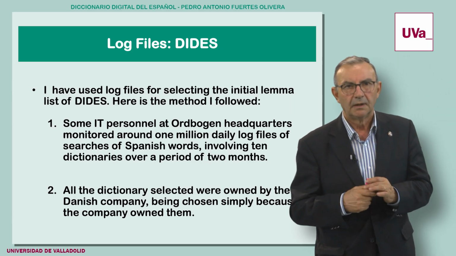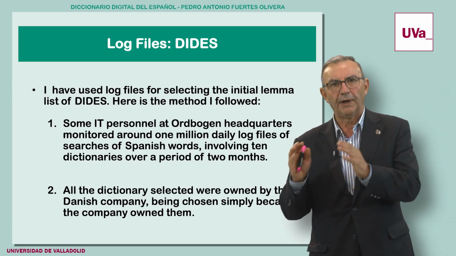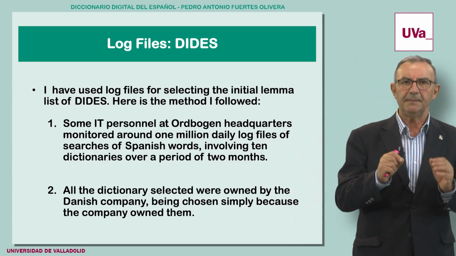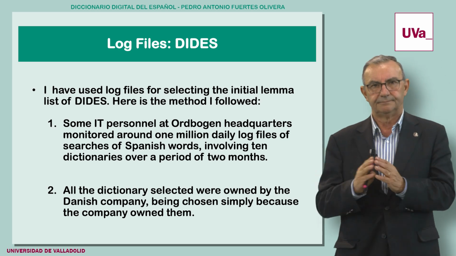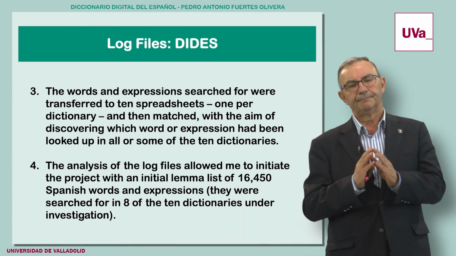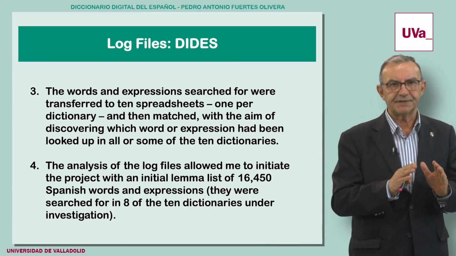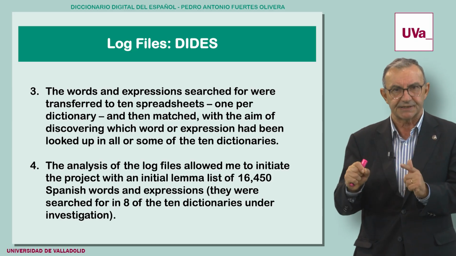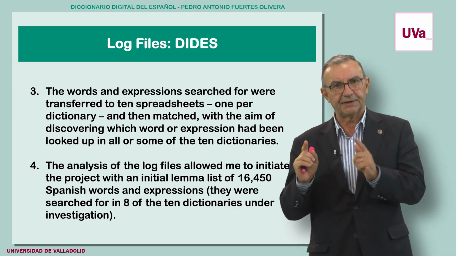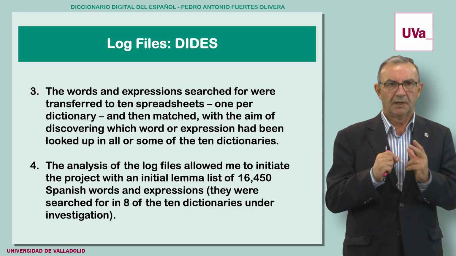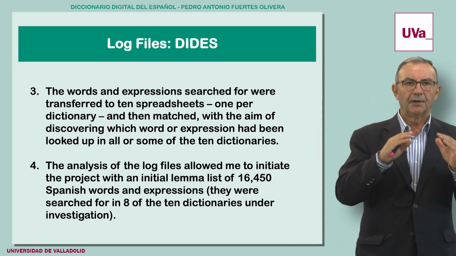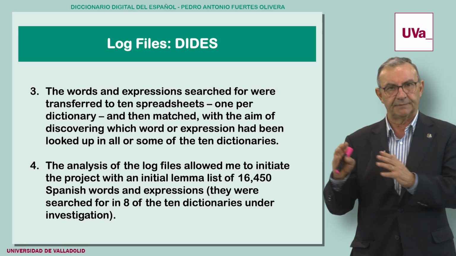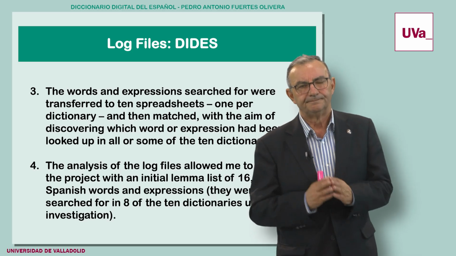Second, all the dictionaries selected were owned by the Danish company, and they were chosen simply because the company owned them. 3. The words and expressions searched for were transferred to 10 spreadsheets, 1 spreadsheet per dictionary, and then matched, with the aim of discovering which word or expression had been looked up in all or some of the 10 dictionaries. 4.